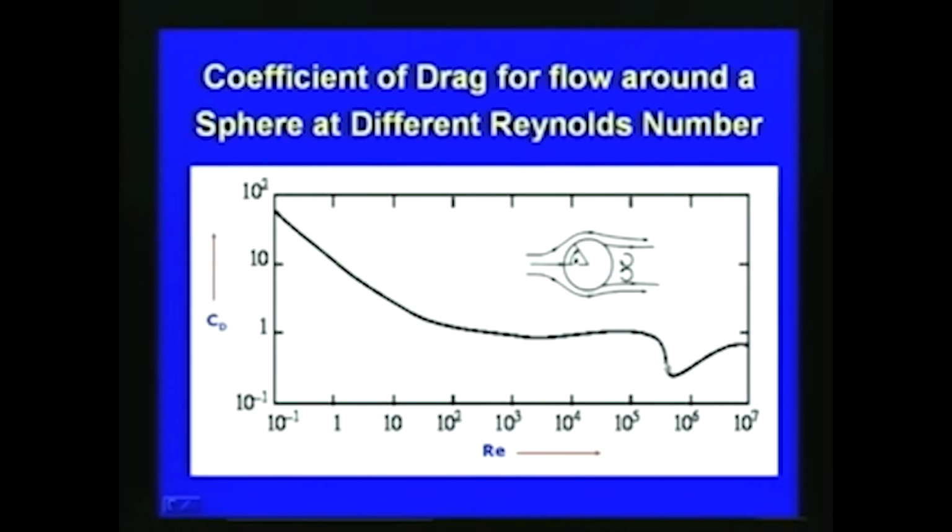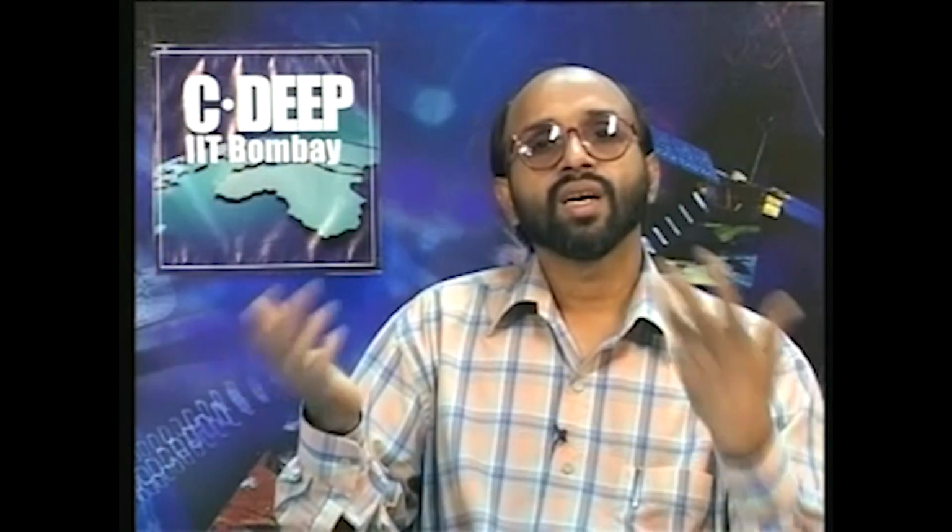Then you can see that it comes down to a level, and when the Reynolds number increases further, meaning the flow becomes totally turbulent, the coefficient of drag slightly increases again like this. We can show this experimentally, depending upon the Reynolds number.